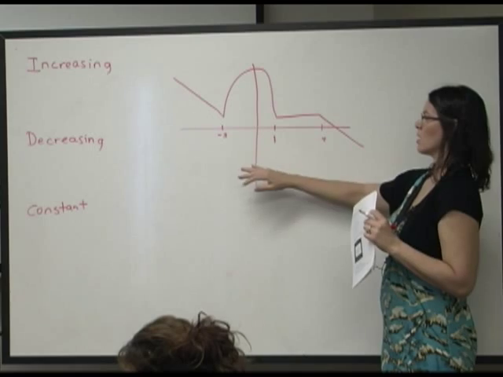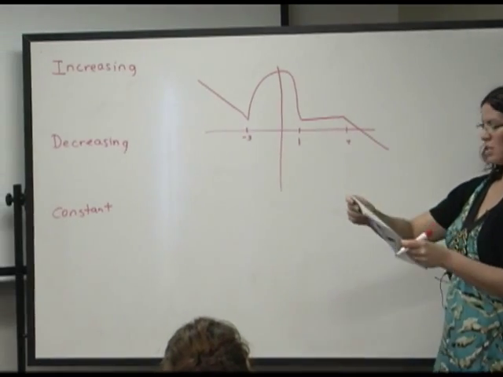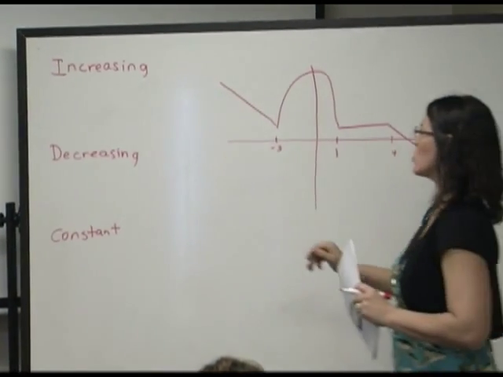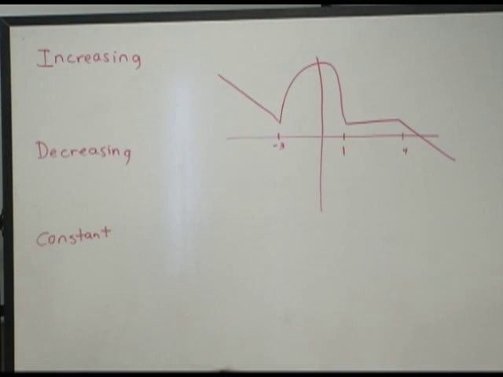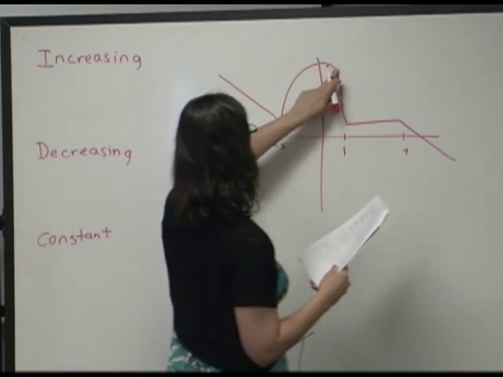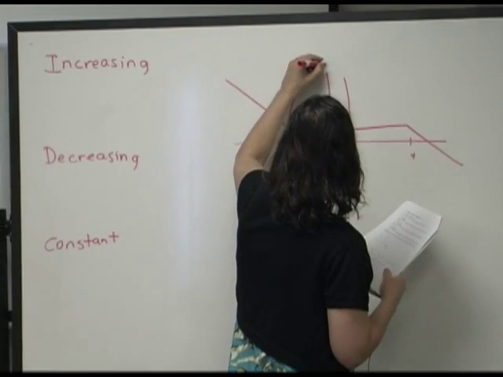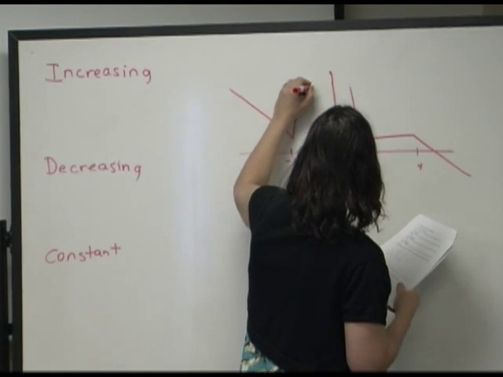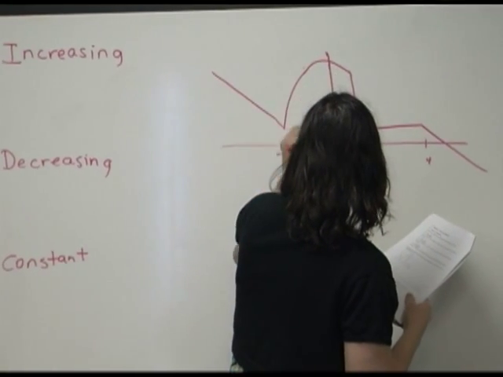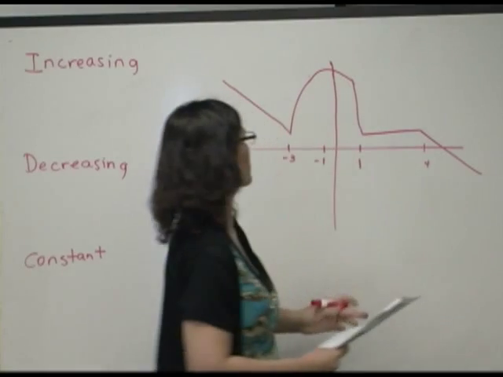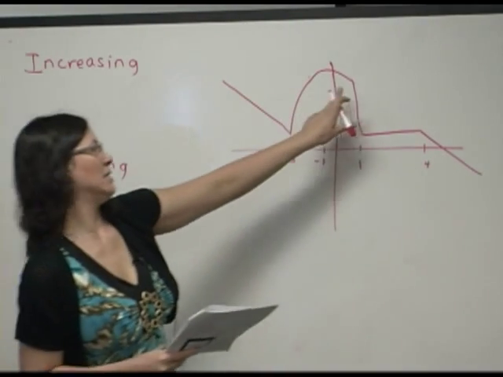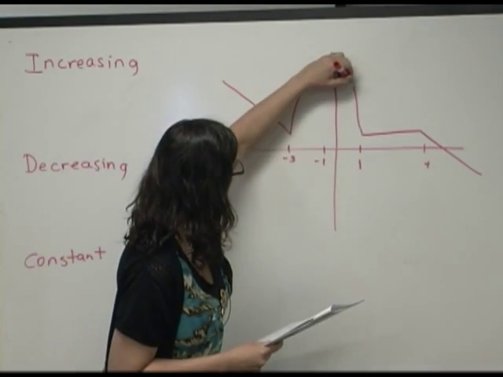Okay. It's going to look something like this problem. Now, let's look at when that function is increasing. When does it look like it's going up? From -3 to -1.